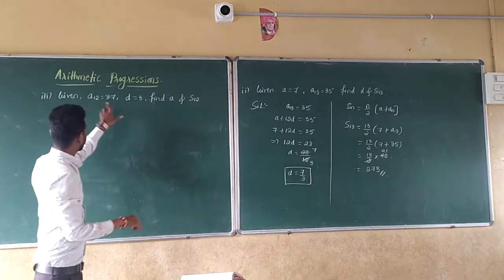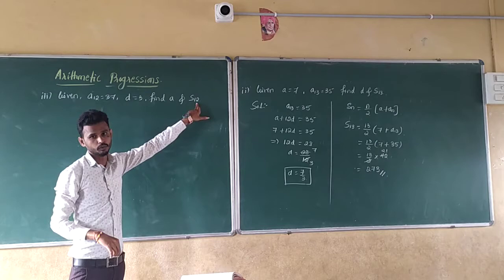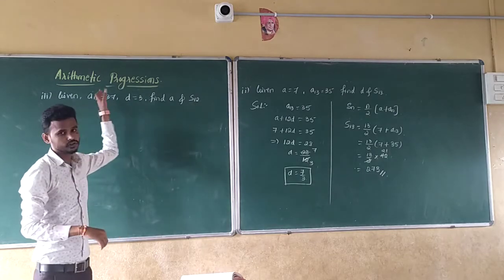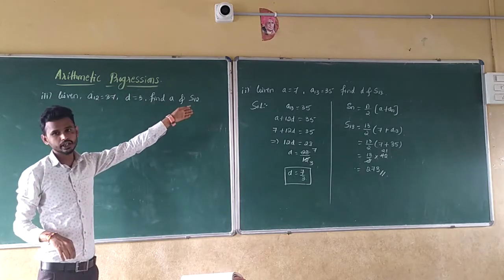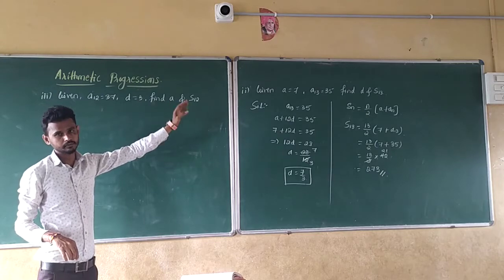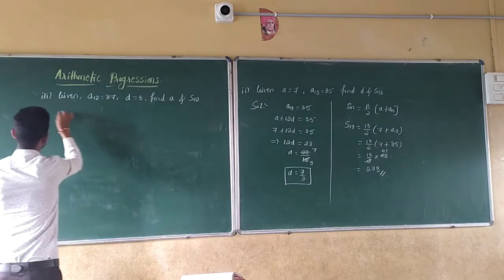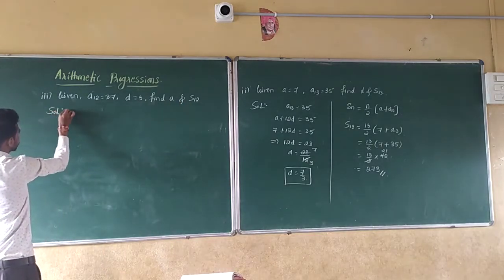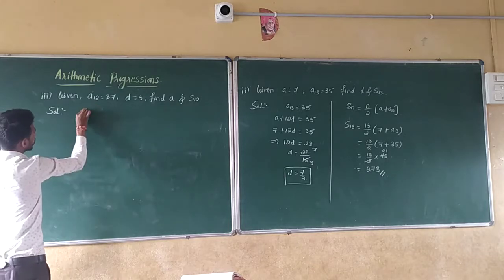Here also, a12 is given and we need to find S12, which means this is like an. So for finding S12 you can again use the Sn second formula. So now find a first by using this one.